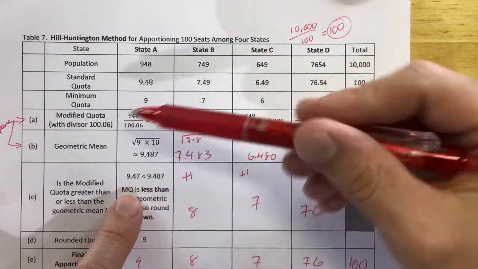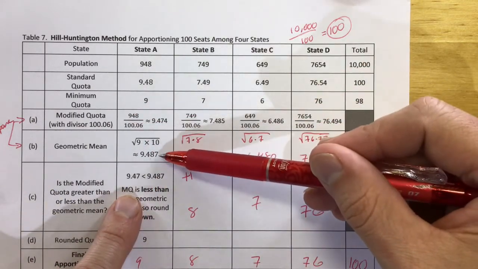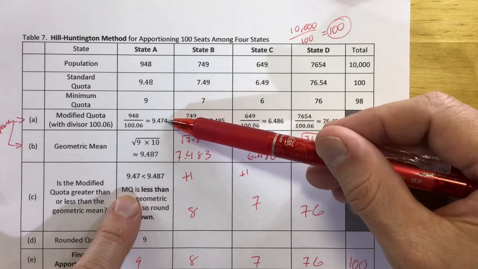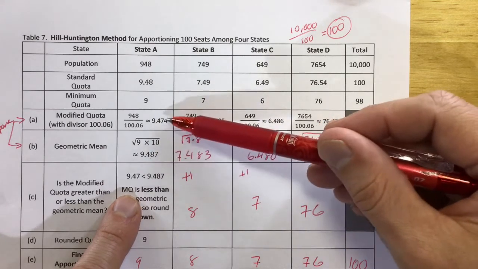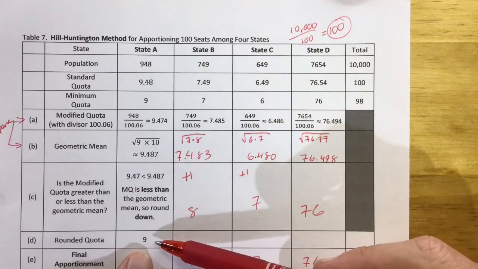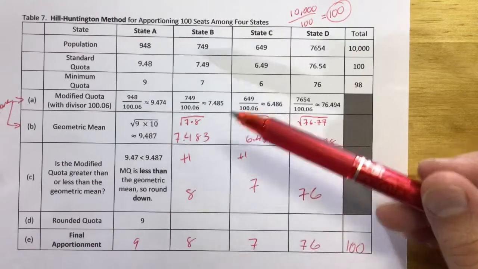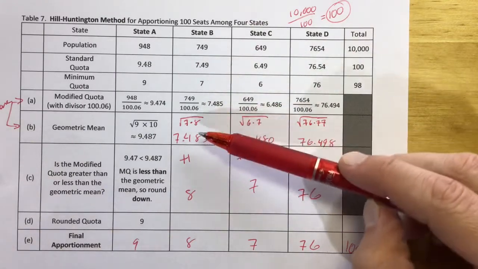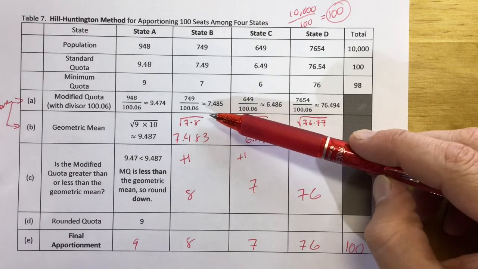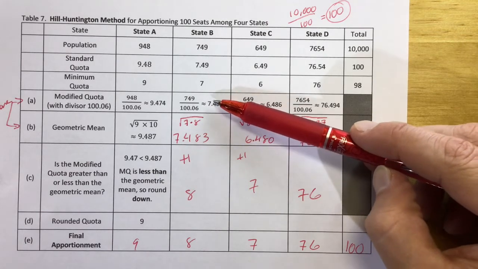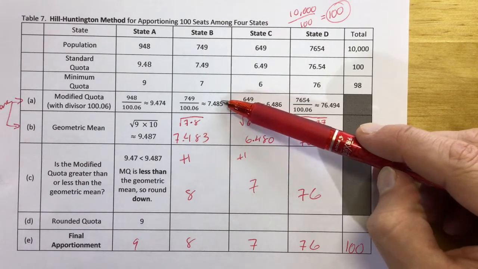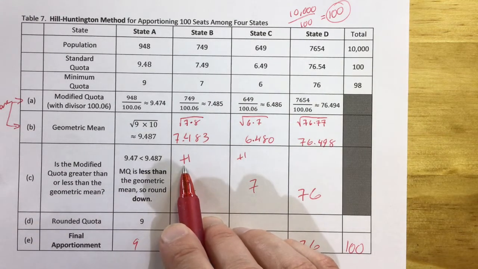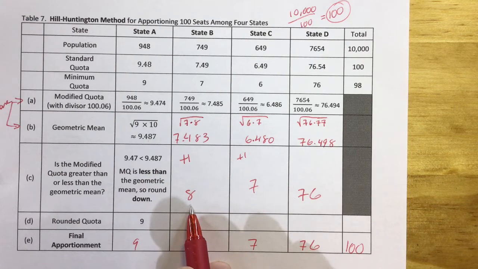So in this example here, the geometric mean 9.487 is bigger than 9.474. So that one's not going to get any extra seats. It's just going to stay at 9. The next one, I should always read them this way, the quotient versus the geometric mean. The quotient 7.485 is bigger than the geometric mean, so you're going to gain 1 seat, which is going to bring it up to 8.